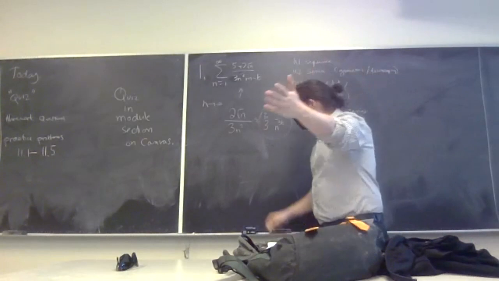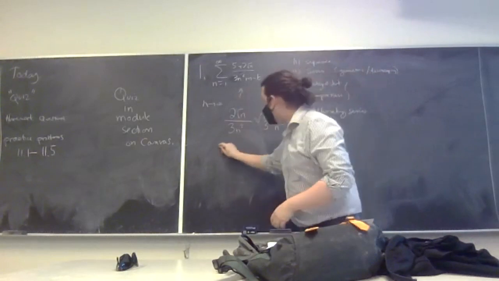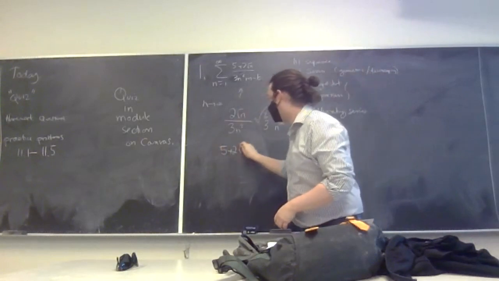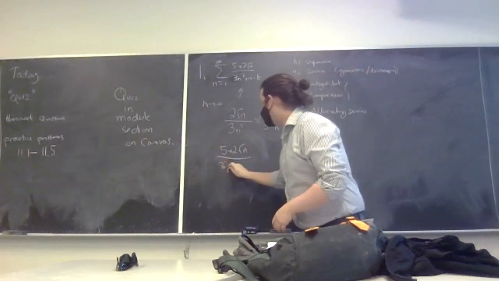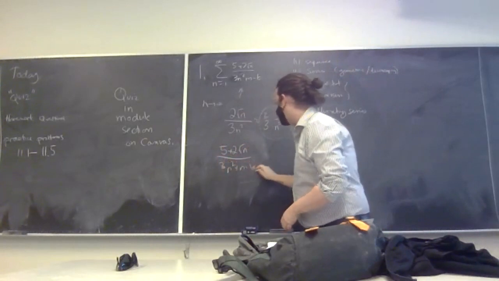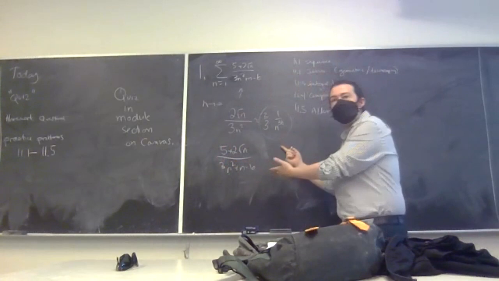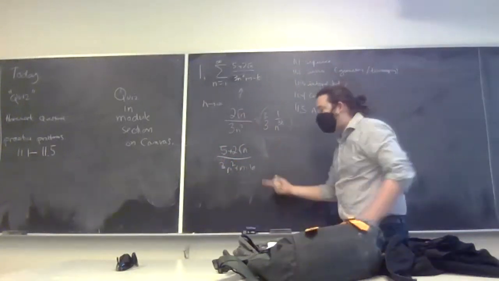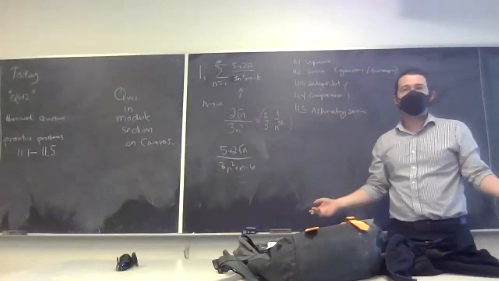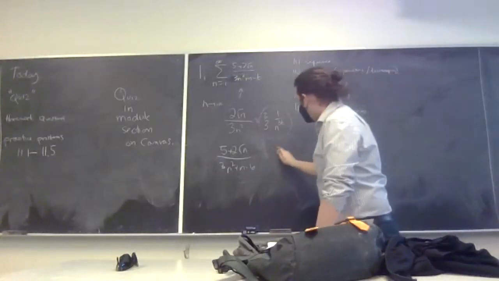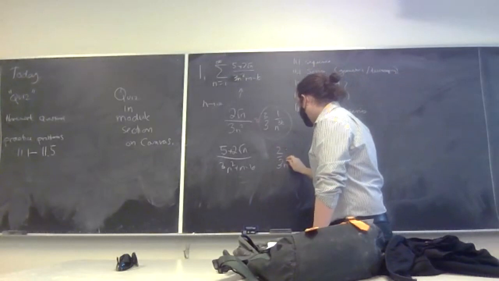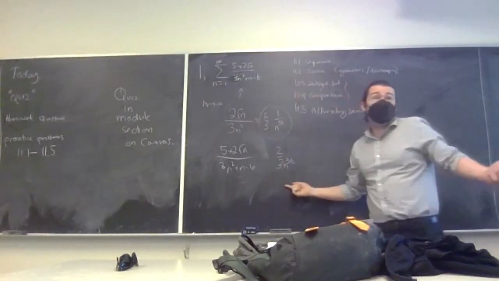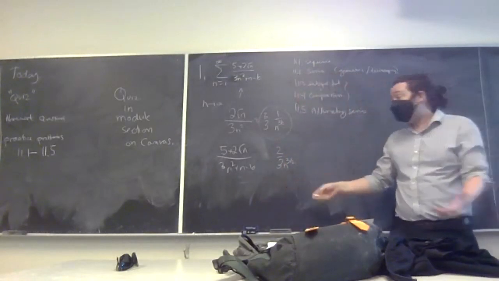And the problem is, if you wrote down 5 plus 2 root n over 3n squared plus n minus 6, I have no idea if that's bigger or smaller. None. And I don't want to do a bunch of algebra to figure it out. Right? I mean, over here I've got this, and maybe that's bigger, but I don't want to do this.